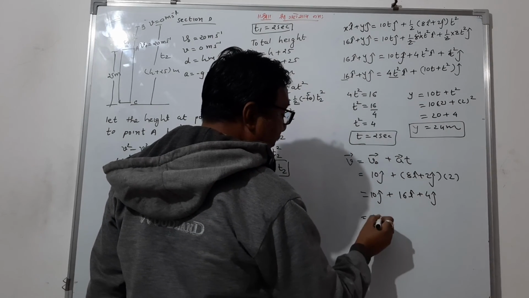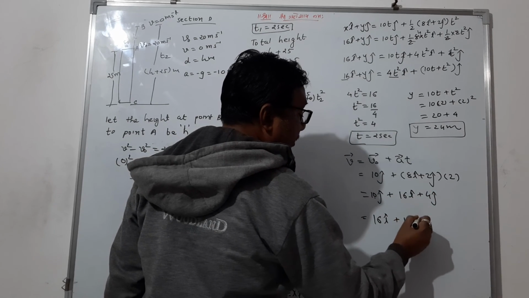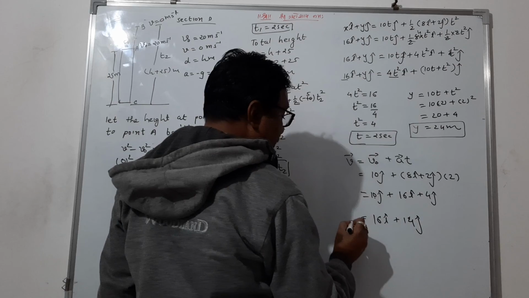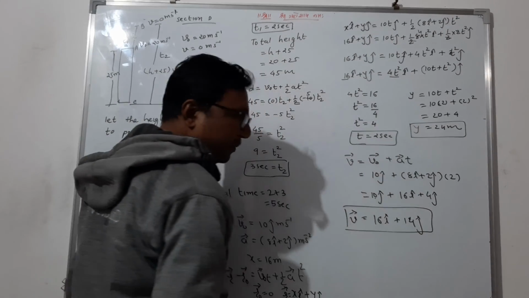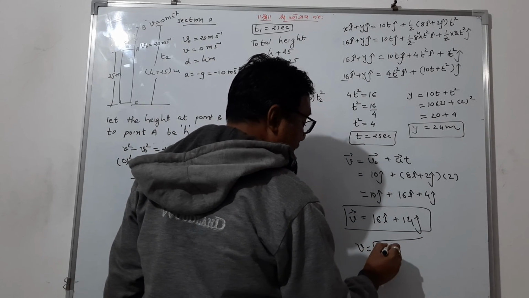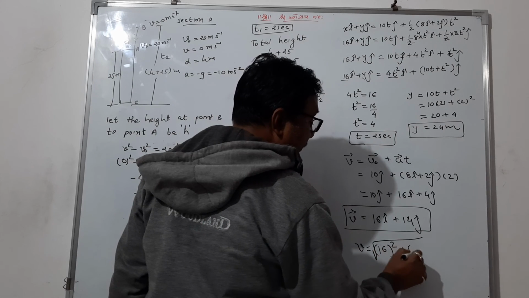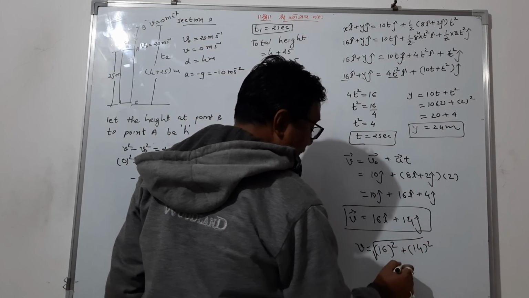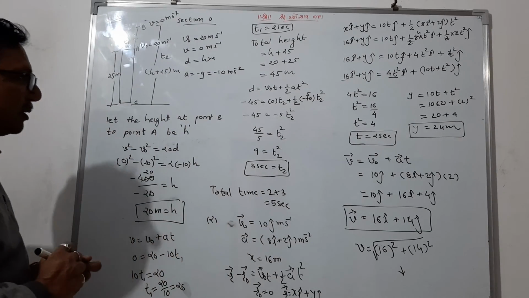Now 16i will be here and 10 plus 4 is 14j over here. So this is the vector form of velocity, and if you want the magnitude of this, then by taking squares, 16 square and 14 square, after taking the square root you can get the result.